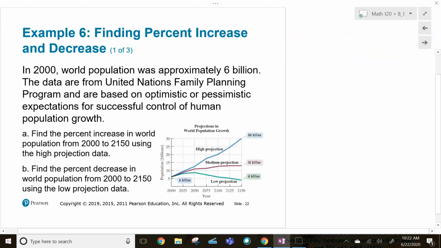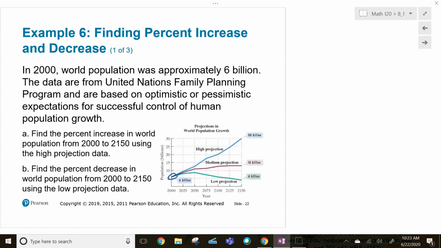in 2000, the world population is approximately 6 billion in the year 2000, right? So 6 billion right here in the year 2000. These are in billions. The data are from the United Nations Family Planning Program. Programs are based on optimistic or pessimistic expectations.